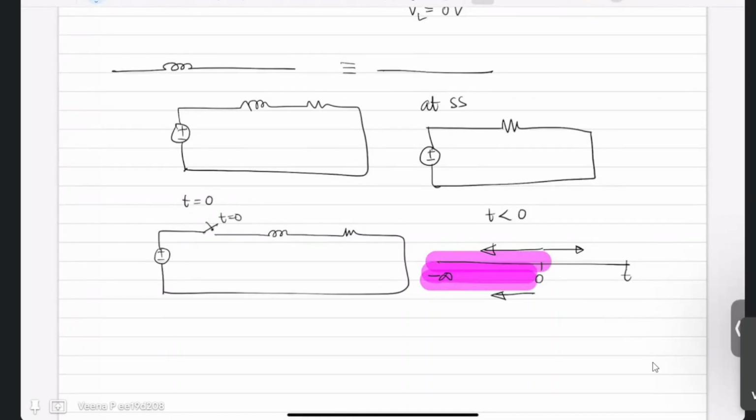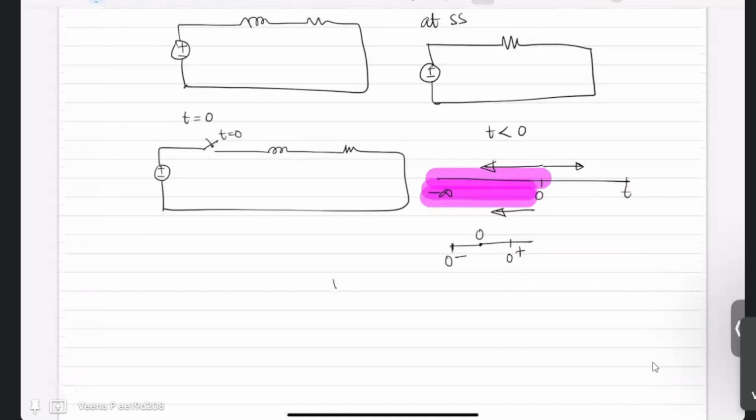Now, this t equal to 0, I can divide it into 2, which is 0 minus and 0 plus. So something might have happened to inductor current at 0 minus, and something might have happened at 0 plus. Now, as I've told before, 0 minus is the time before the switching happens. Now, before the switching happens, the inductor is already part of some circuit, and that circuit is already in its steady state.